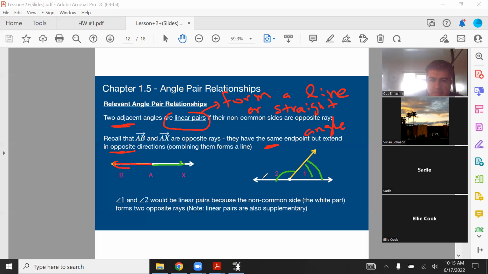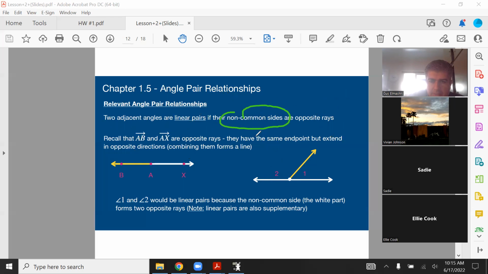And again, they have non-common sides. The non-common sides are those right there, where this is going this direction and that is going that direction. Clearly this right here is a common side for angle 1 and angle 2.